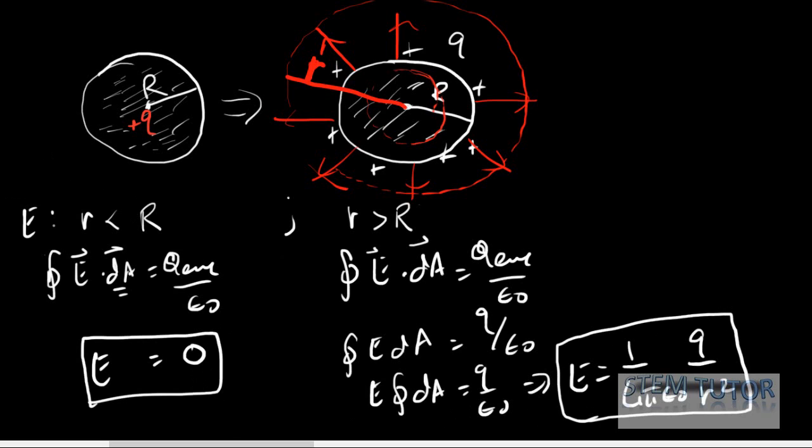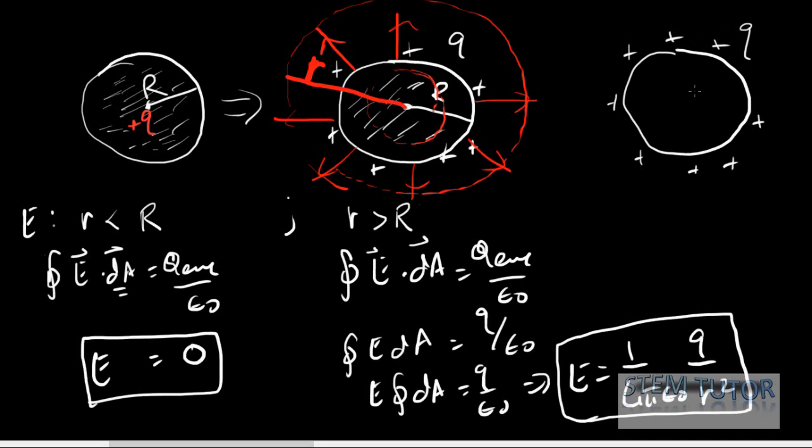Instead of a conductor that was not hollow, suppose it was a hollow conductor, and you put some charge q on it. Then you were asked to calculate the electric field inside and outside. Then you would get exactly the same answer.